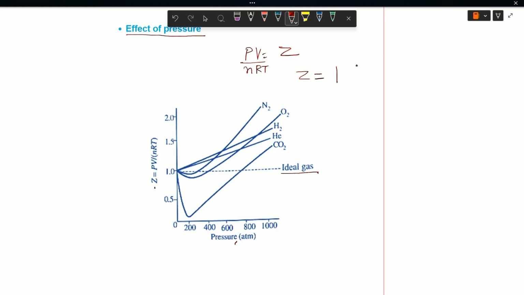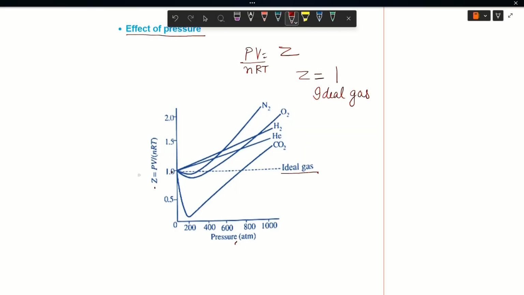The value of Z is equal to 1 for an ideal gas, and that remains constant whether you change the pressure or not. Here you can see the value 1, and from 1 I have drawn that dotted line which shows the ideal behavior of the gas. So, Z should be equal to 1 at any condition of pressure.